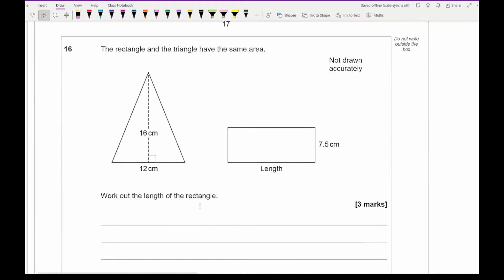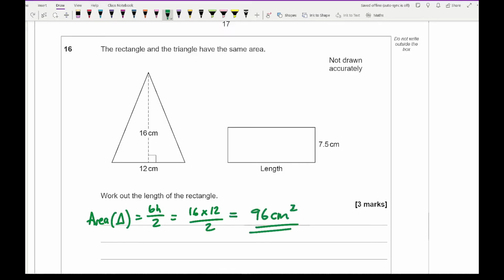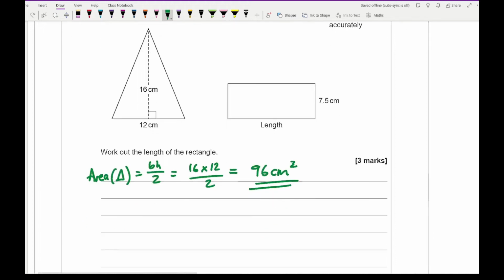Moving on to question 16, it says the rectangle and triangle have the same area. Work out the length of the rectangle. Well, I can work out the area of the triangle by doing base times height divided by 2. So that's 16 times 12 divided by 2. Typing that into my calculator, I get an answer of 96 square centimeters.